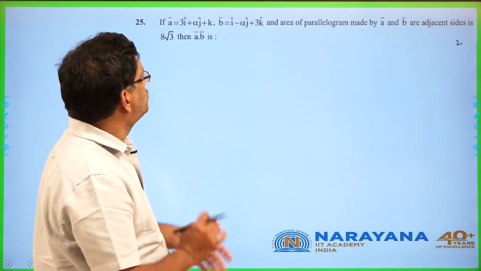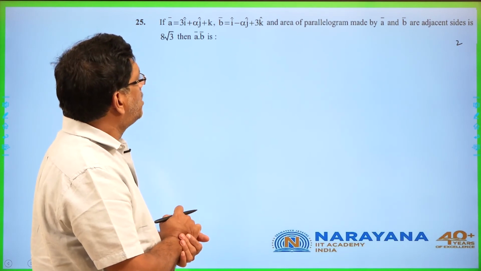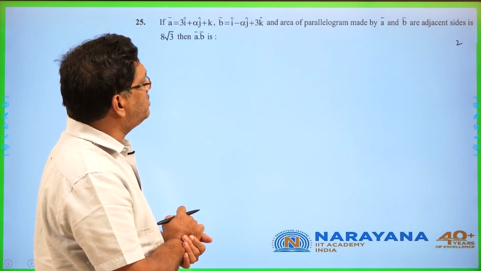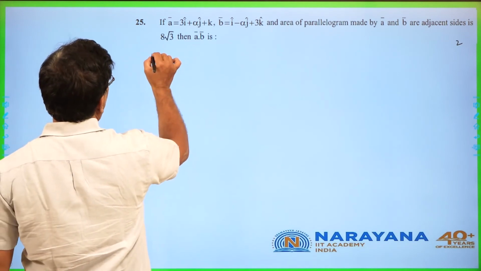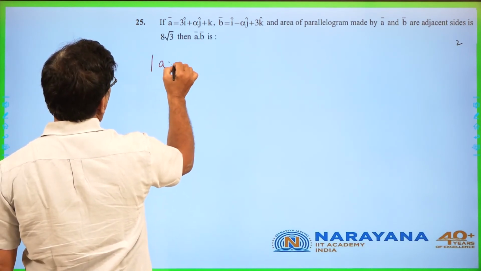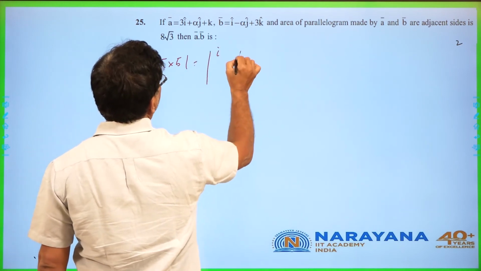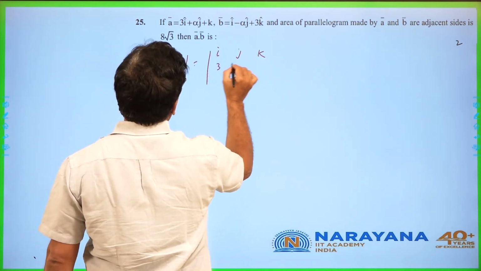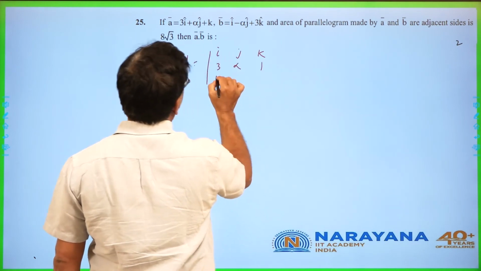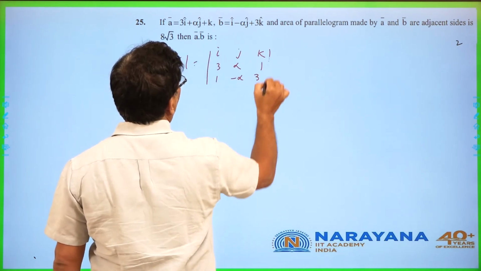Yeah, one more simple problem. A and B are given, and the area of the parallelogram made by these as adjacent sides is given. Adjacent sides, A cross B. That is i, j, k; 3, alpha, 1; 1, minus alpha, 3.